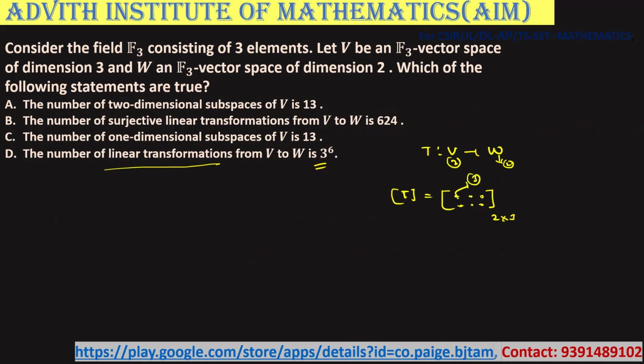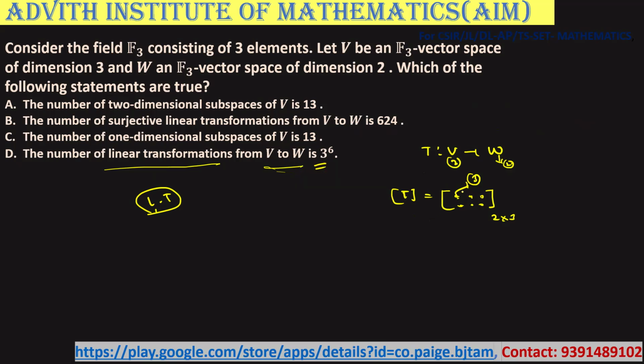So every linear transformation has a matrix. For every linear transformation, a matrix exists, and that matrix represents the linear transformation. So therefore the number of matrices over the field F3 is equal to the number of linear transformations from V to W, right?